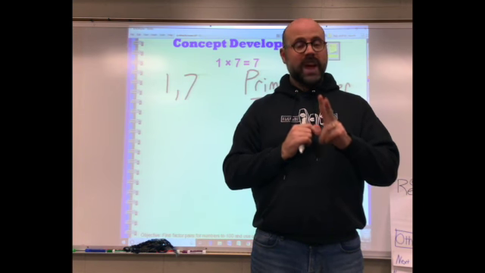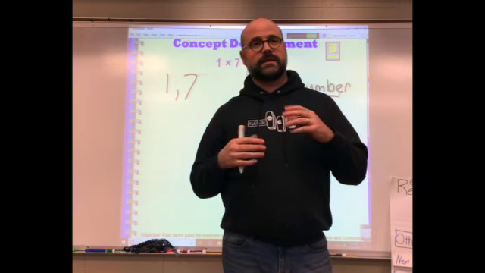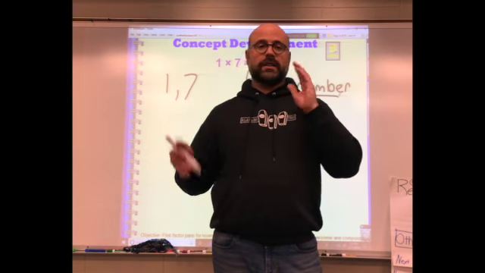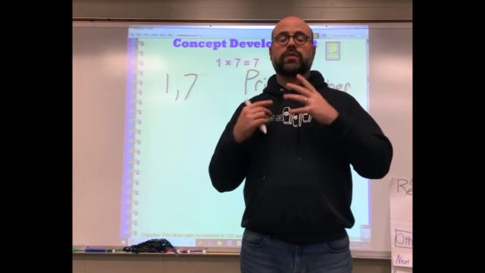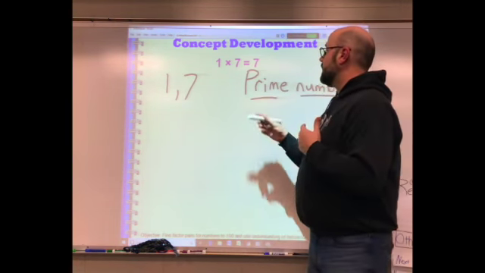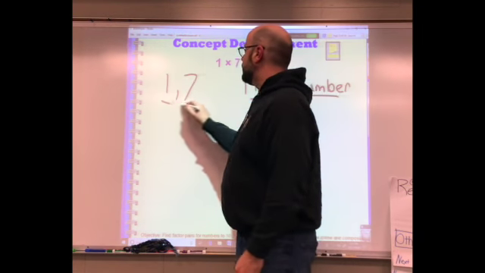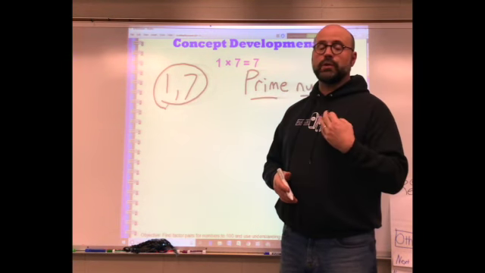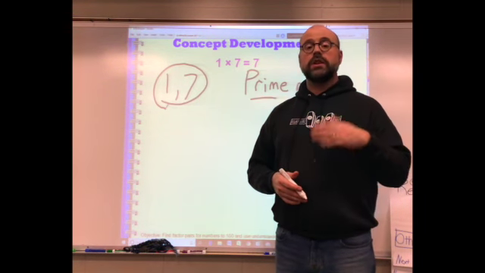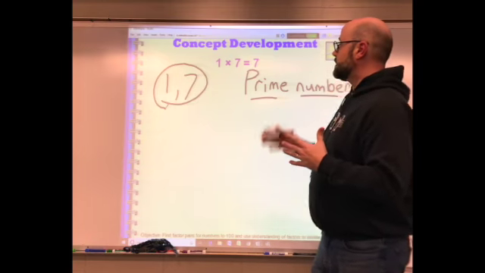Now, the number 1 is considered an aberration, and you don't count that. But a prime number is any number that has just itself and 1 as a factor. You cannot multiply anything else to get that number. In this case, 1 and 7.